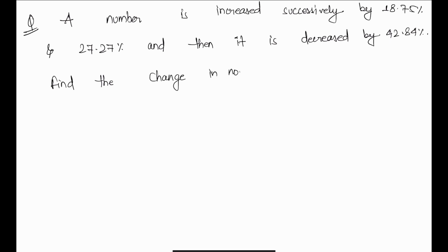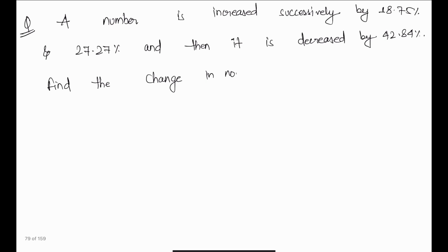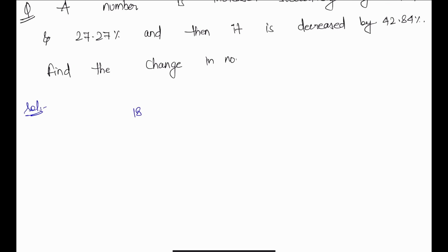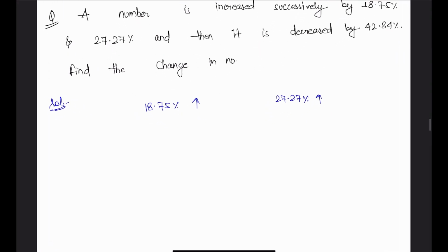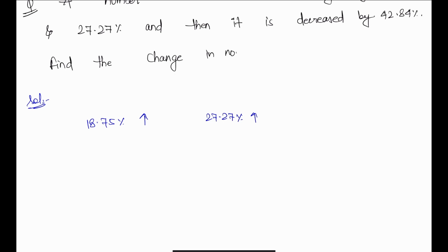Same kind of question is there, this one also. So increase successively, 18.75% increase, then again 27.27% increase, and then decrease of 42.84%.